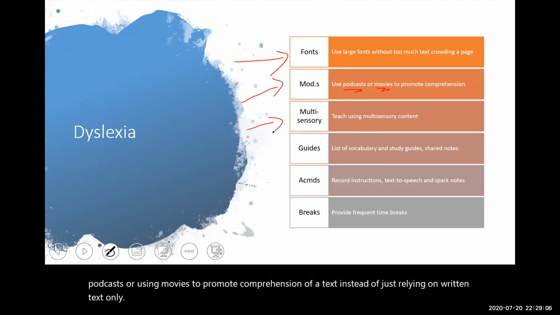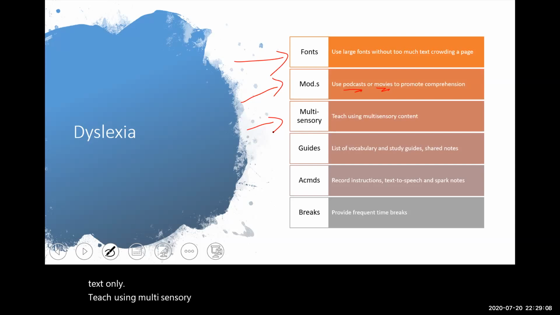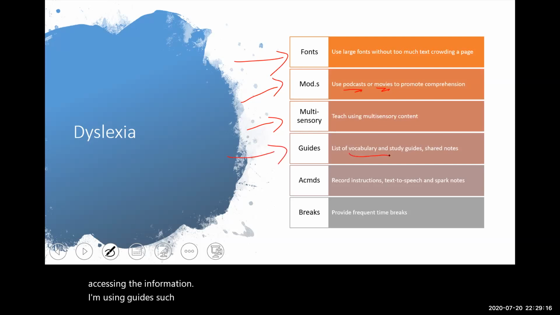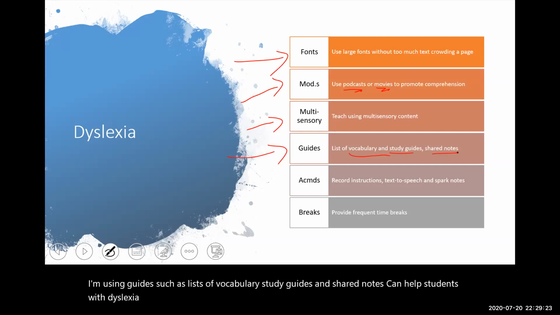Teach using multisensory content so that the students have different ways of accessing the information. Using guides such as lists of vocabulary, study guides, and shared notes can help students with dyslexia to better prepare for class and gives them a chance to kind of study and get used to the words and the concepts.